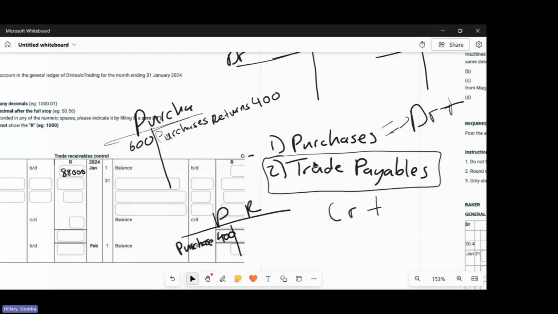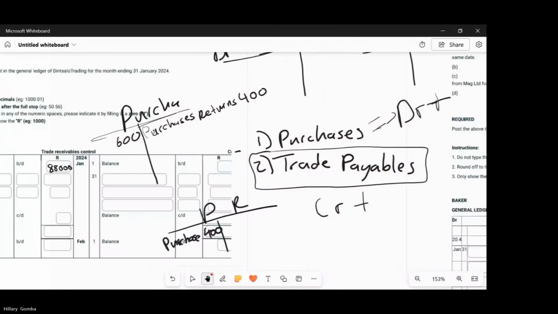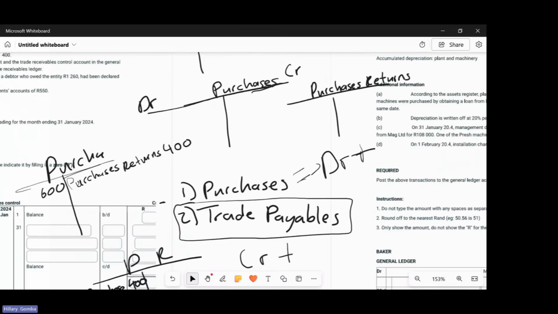So if we record a certain transaction on a debit side, there's another account affecting that transaction that we must record on the debit side or credit side, depending on the transaction. Do you now understand? Yes. Okay. All right. Since you understand, then we can proceed.